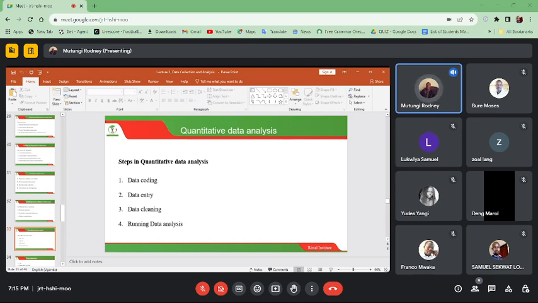So you have to assign maybe 1 to Muslim, 2 to Protestant, 3 to Catholic. So that is what we are calling data coding, and that will help you to really do the analysis easily.